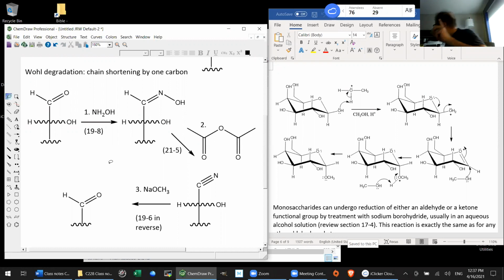Wait a minute, hold on. Why should I guess? I have it right here. Yes, of course it was chapter 23 that we just did. I'm losing my mind. NMR, that's true. Aldols, NMR, I forgot about NMR.